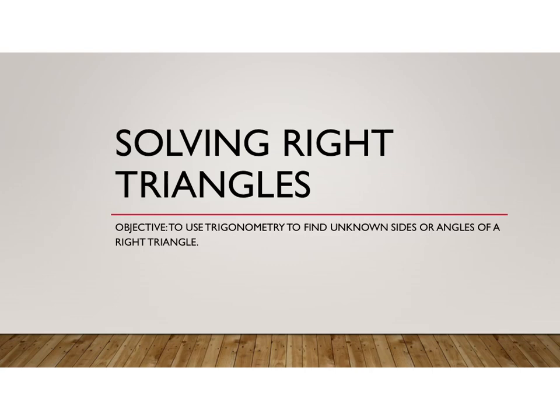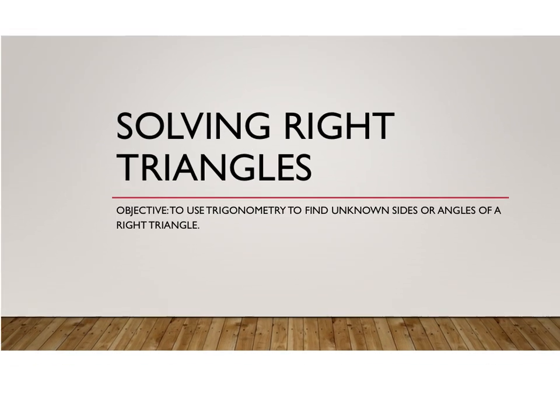This lesson we're going to learn about solving right triangles and use trigonometry to find unknown sides or angles of a right triangle. Very important that you realize a little background here: if you're working with a right triangle, the right angle is very obvious, and we know that the side opposite the right angle is called the hypotenuse.